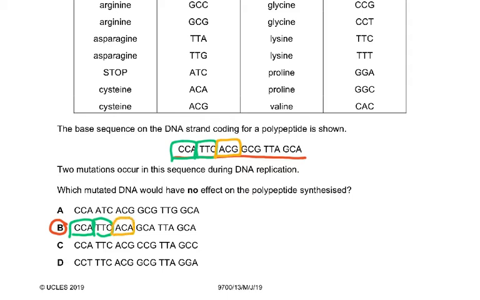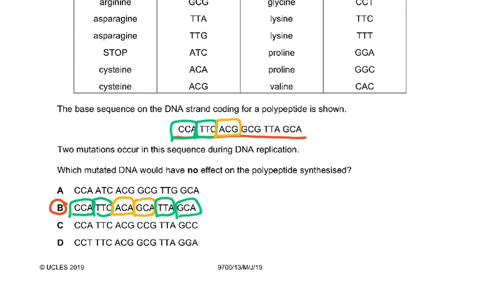Now that doesn't want to change. Then GCG becomes GCA. Then TTA remains TTA. And then GCA remains GCA. So it says 2 mutations occur in this sequence during DNA replication. So 2 mutations was only in B, and so the answer was B. The rest of them have more, or they have none in them.